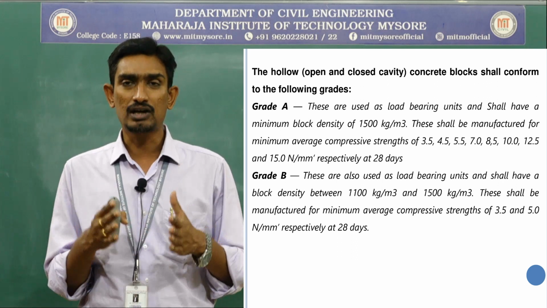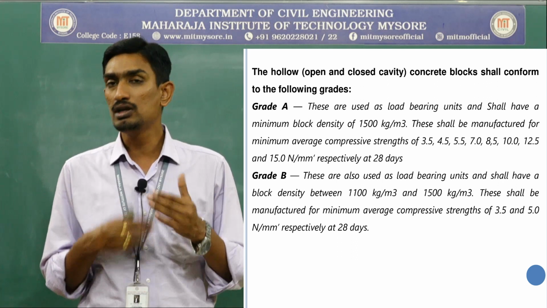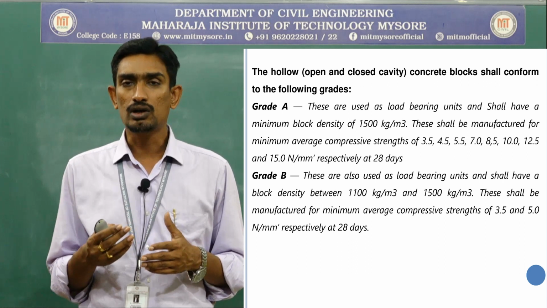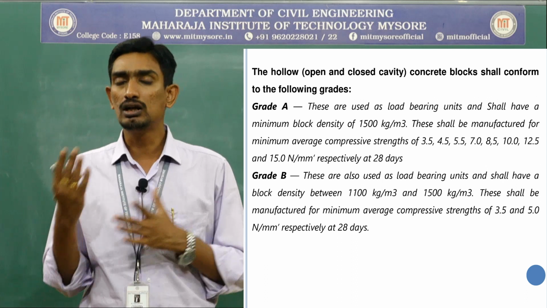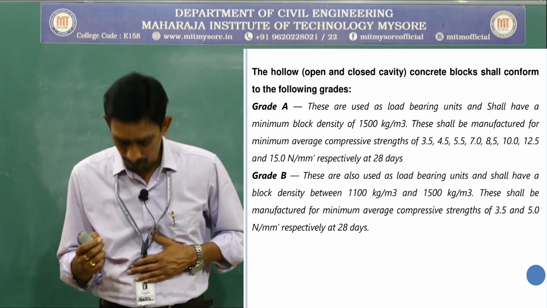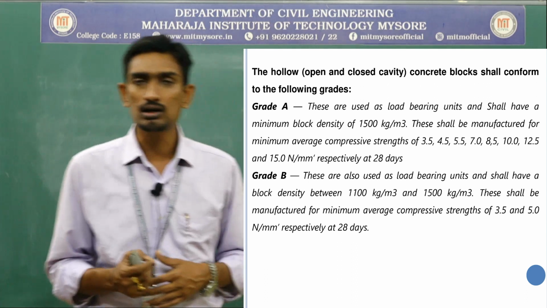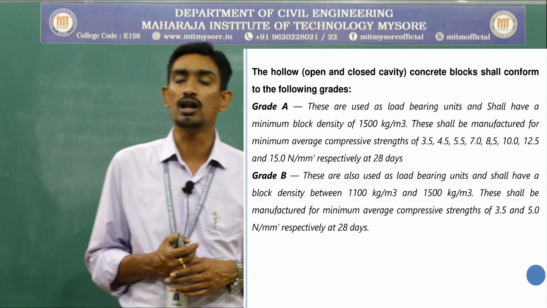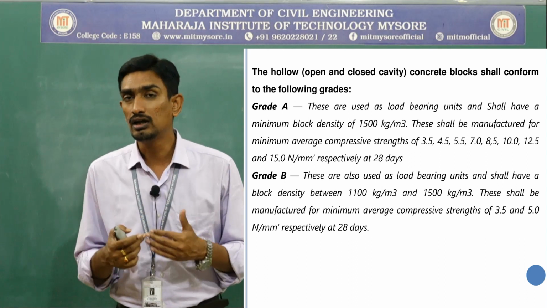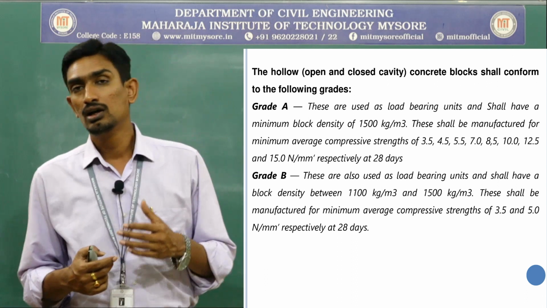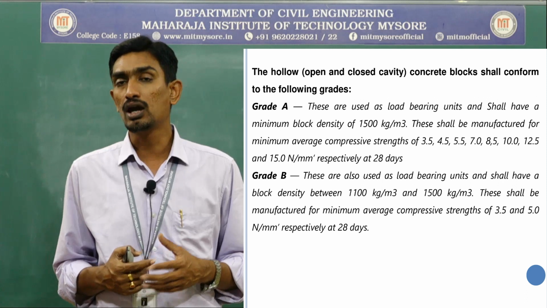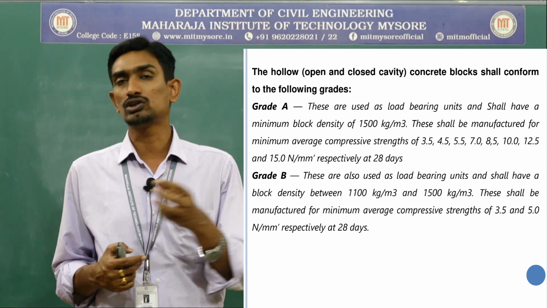After casting, that is mixing the cement, fine aggregate, coarse aggregate and water in the mold, they remove the mixed concrete after 24 hours and immerse the concrete block in water for 28 days or 21 days in order to get curing.